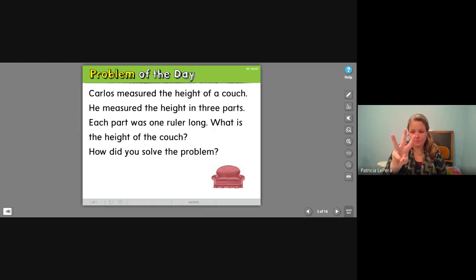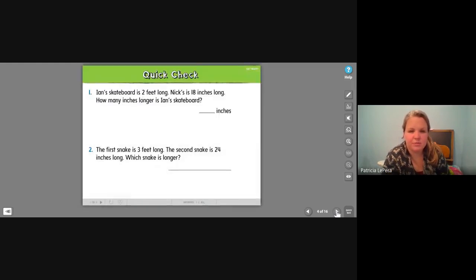Or if you would like to measure the couch in inches, if it was 3 ruler lengths long, that is 12 plus 12 plus 12. So 12 plus 12 plus 12 is 36. 36 inches is the same as 3 feet. So 2 different ways to get to the answer of how tall the couch was.